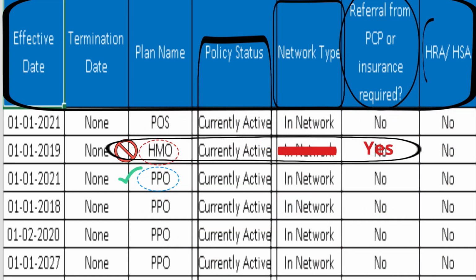Also, we need to confirm if the patient's policy is linked to an HSA, which is a health savings account. If you need more explanation about HSA, you can refer to the video in the I button.